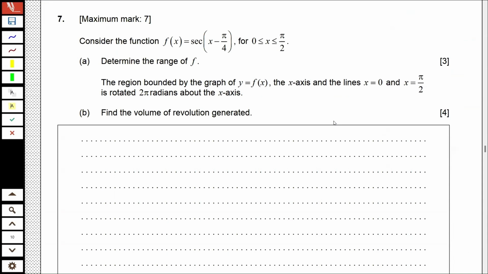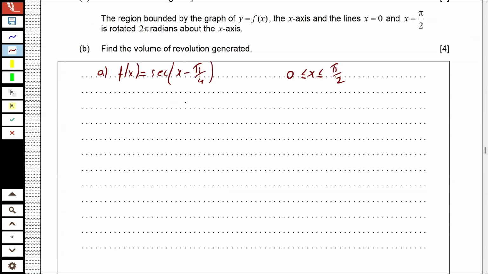Question 7. Consider the function f of x equals secant of x minus pi over 4, for x between 0 and pi over 2. Determine the range of f. Our domain is between 0 and pi over 2. I'm checking the values.